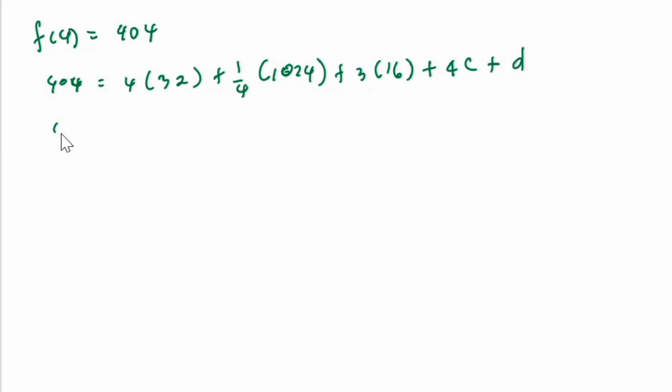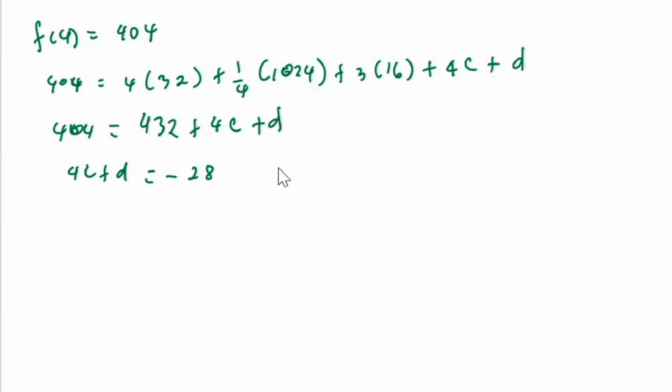So by simplifying, the right-hand side will give us 404 is equal to 432 plus 4c plus d. So we have to solve now for 4c plus d, which will give us negative 28. And I will name this one as equation number 2.